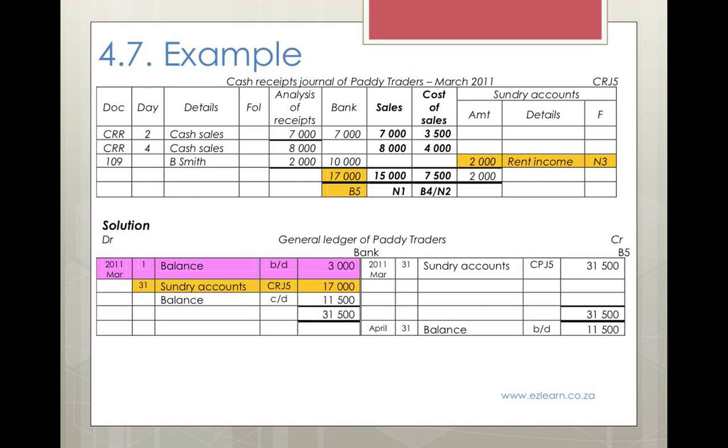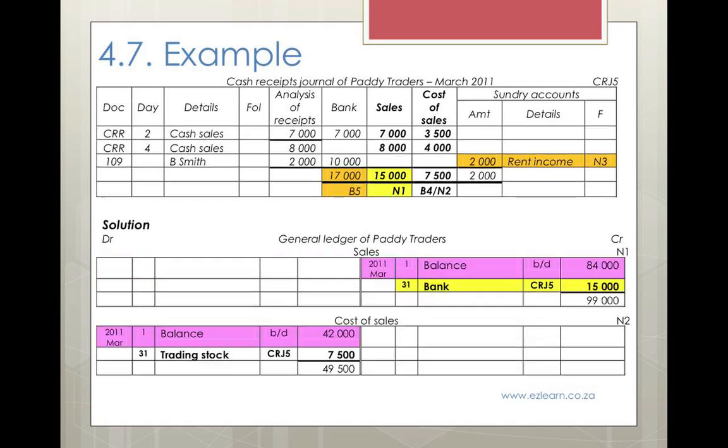Since the 17,000 represents both sales and rent income in this case, and possibly all sorts of other accounts in another month, you can simply record it as sundry accounts, which saves you time instead of having to say sales and rent income and. The folio is the CRJ5 and the amount is 17,000 Rand.